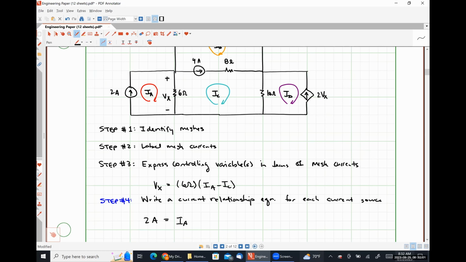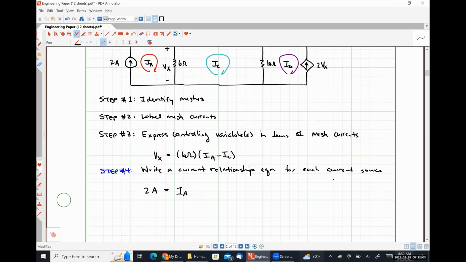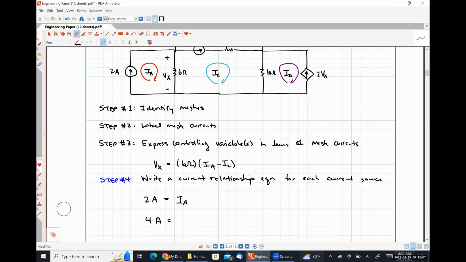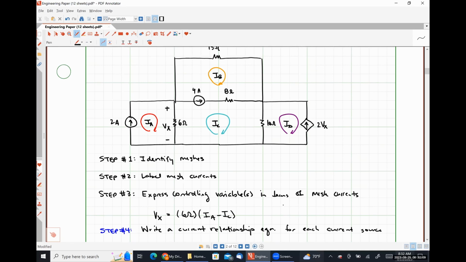Okay. Now, let's look at the 4 amp source, right? So the 4 amp source is between two meshes. So it's going to have a contribution from mesh current IB and mesh current IC. What do you think that relationship should be?